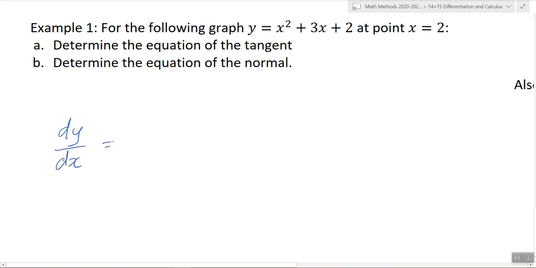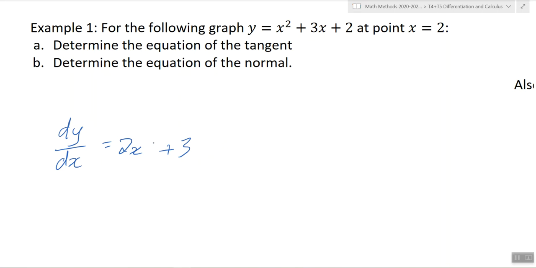What's the derivative of that function? 2x plus 3. So this is the rate of change along that whole equation. Okay? I want the equation of the tangent at that point. So how could I now use that general form of the derivative to find the gradient at the point?